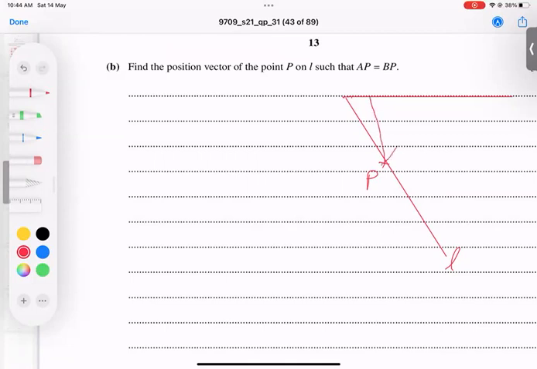I assume A here and B here, and I make a line from P to A and P to B. So you see that this gap is equal to this gap. How do I know? It was mentioned by him.